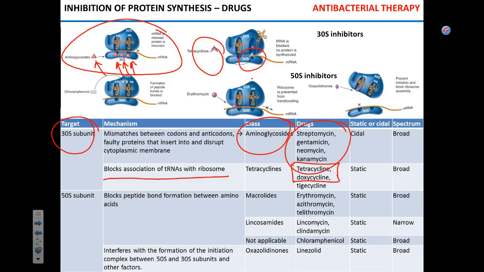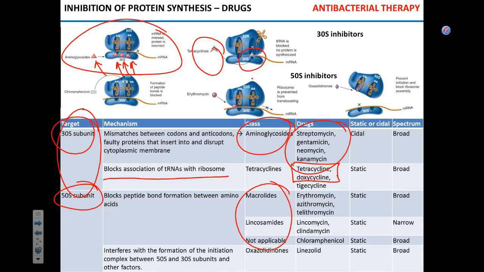Carbapenems may be comparable, okay? But tetracyclines, for a very long time, were the drug of choice in treatment of an unknown microbe, okay? And I'm just waiting until we get to the bed bugs, and I'm going to tell you clinical stories. Okay, so that's the 30S subunit inhibitors.